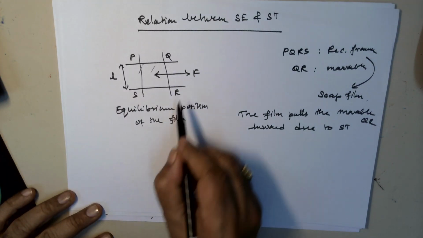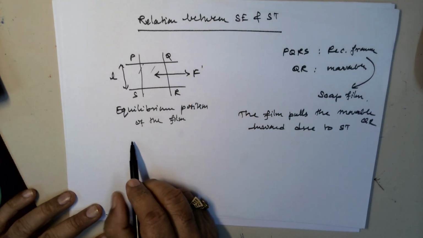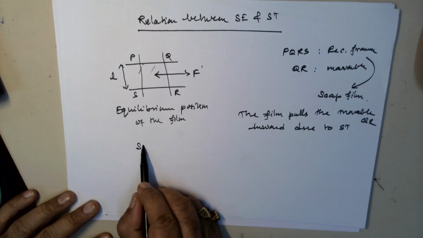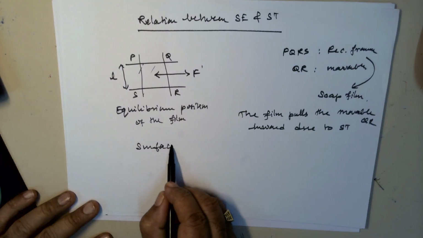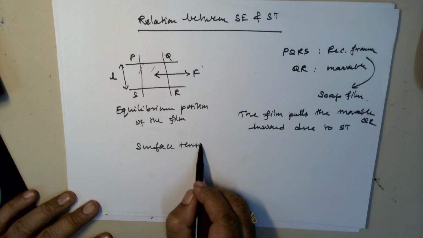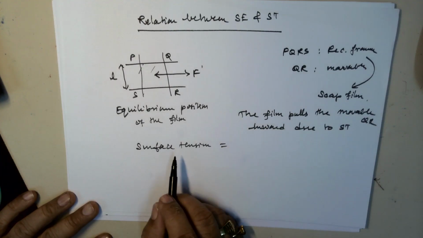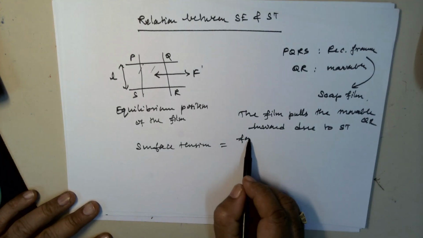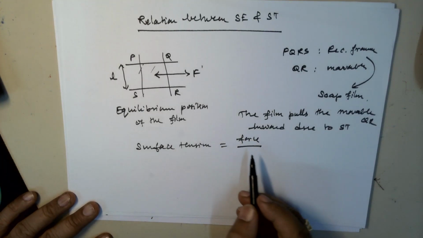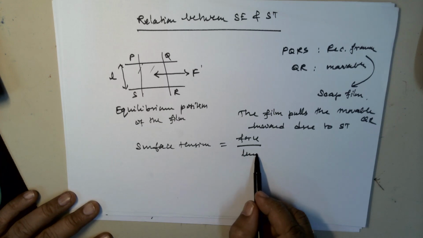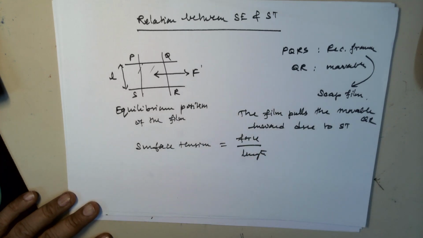Therefore, let us call it F dash. So the surface tension is equal to the force applied divided by the length.